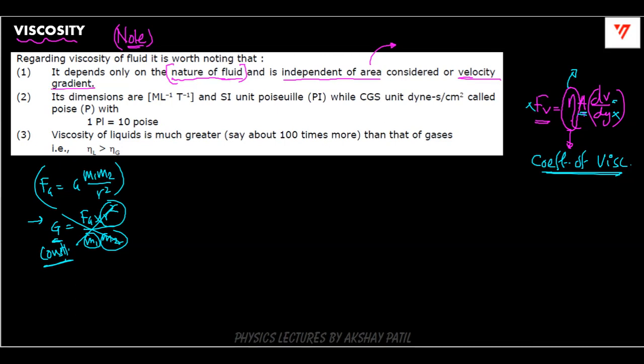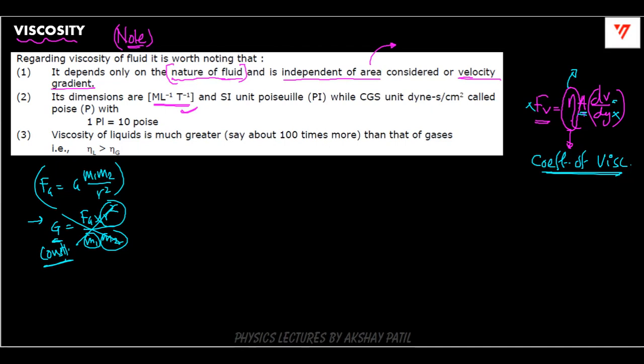It will only depend on the nature of the fluid. Its dimensions are, now, most of the times in any concept they will ask you about finding out the dimensions, so you can easily find out the dimensions here.